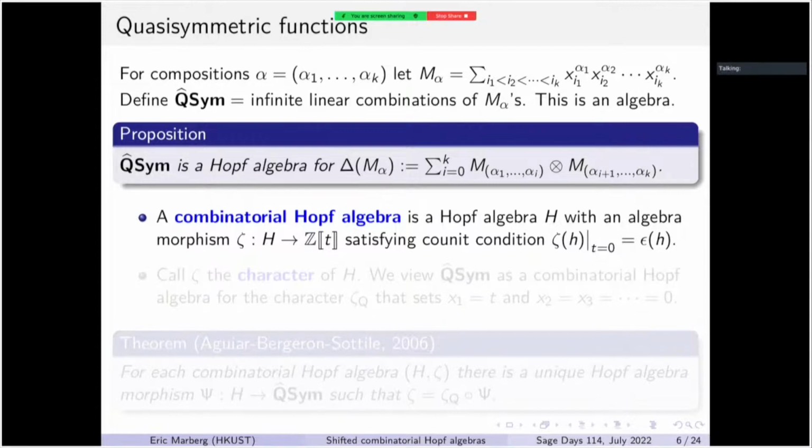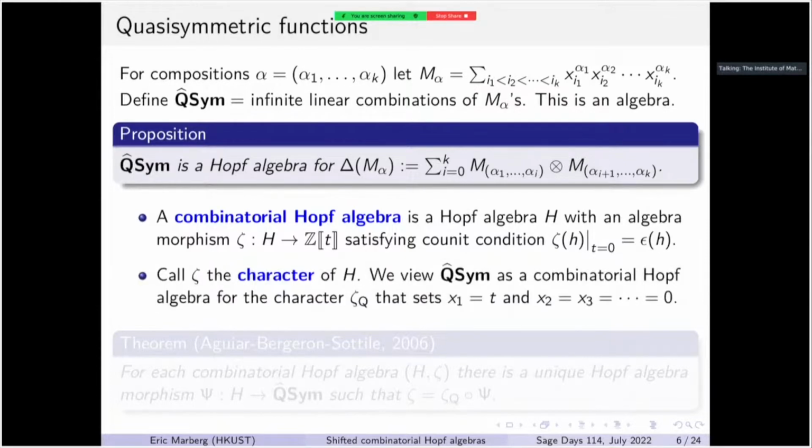Take a Hopf algebra H, and we just want an algebra morphism from H to formal power series, satisfying one tiny little condition, which is: if we take this character map, which we call character, and we evaluate it, we get a power series. If we set t to 0, this should give us the same thing as evaluating our co-unit. Now again, I'm not going to say anything about units and co-units.